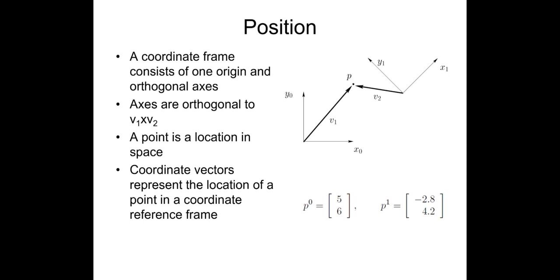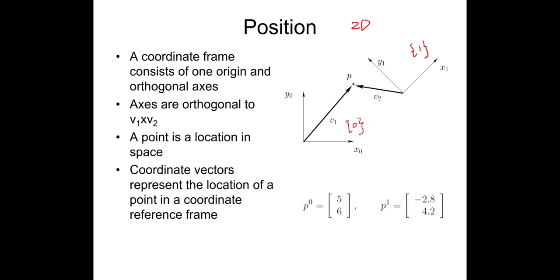Here we have two coordinate frames, in 2D. We have the first frame with x0 and y0, which I'll call frame 0, and the second frame, frame 1, with x1 and y1.